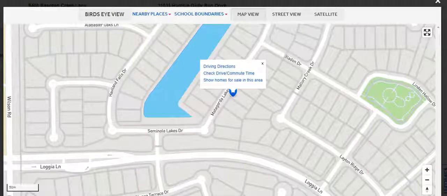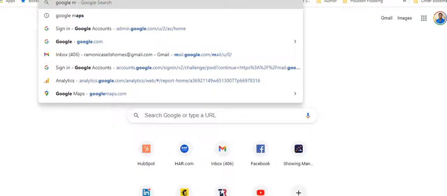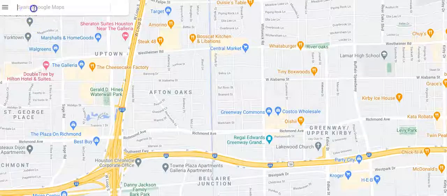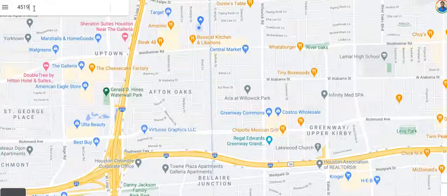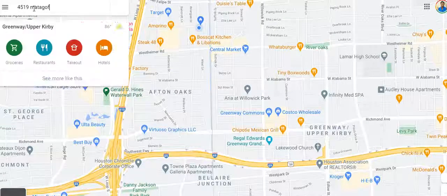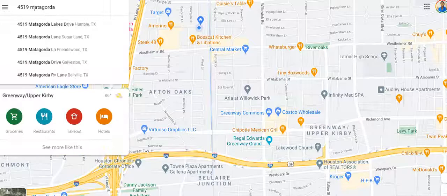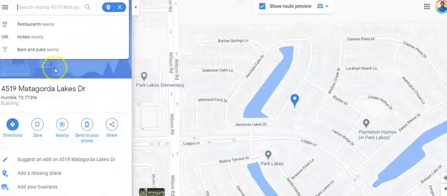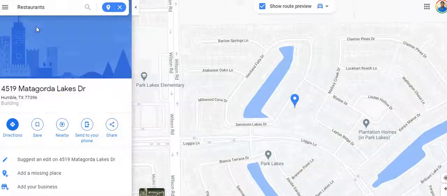And keep in mind, this is on HAR, so you can always expand your search and go to Google Maps and put in the property address. And hit the nearby feature on Google. You can do restaurants nearby.